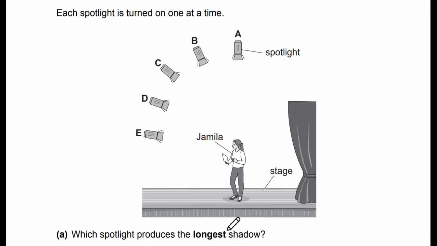As we know, the longest shadow will be produced when it's not on the vertical like this. This is vertical. This will produce the shortest shadow. But as the gradient is decreasing like this, then here this is more flat.